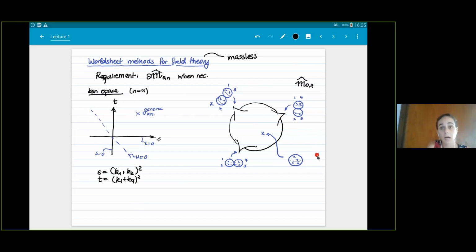Okay, so our question then, if we want to move to the boundary of the moduli space only when necessary, is really, is there a map that interpolates between these two?